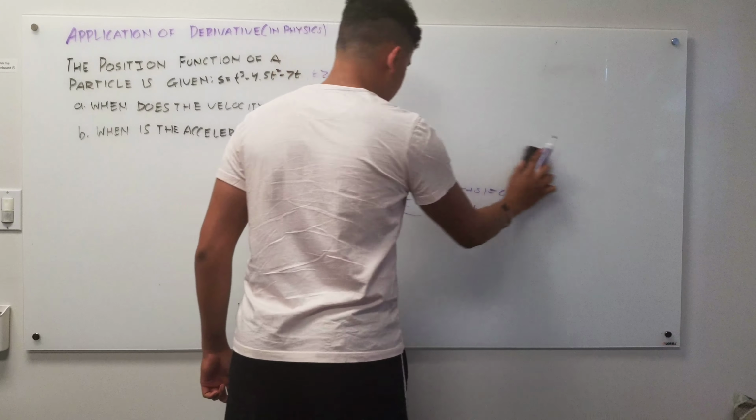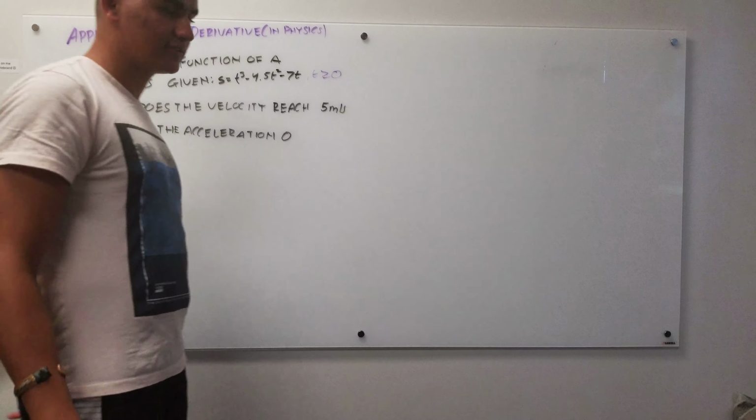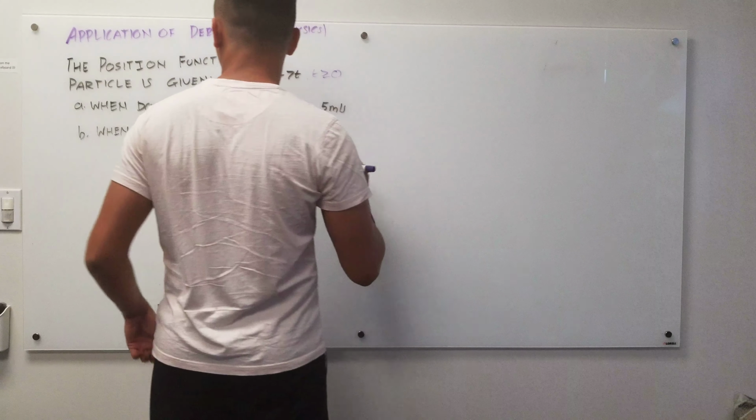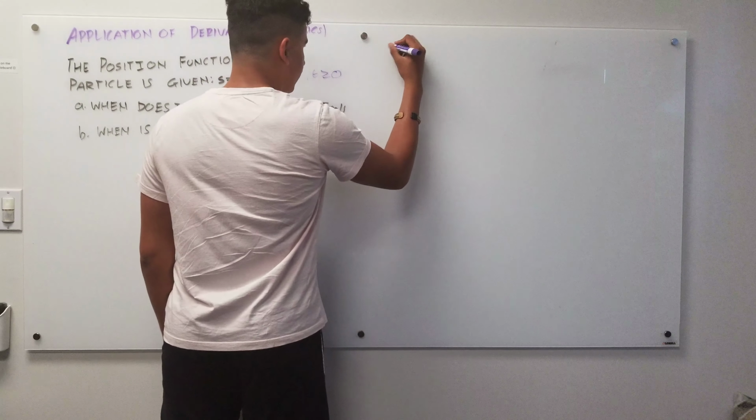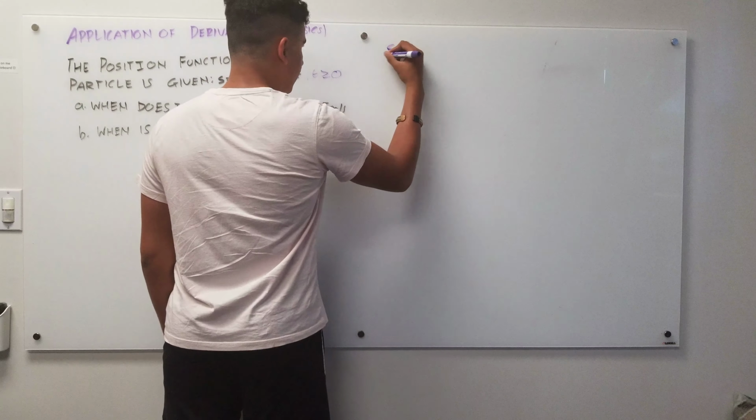Now it's asking us when the acceleration is equal to 0. So I shouldn't have erased the derivative actually, but no problem, we can do it again. s is equal to t cubed minus 4.5t squared minus 7t. ds/dt is equal to 3t squared minus 9t minus 7, which is equal to velocity.